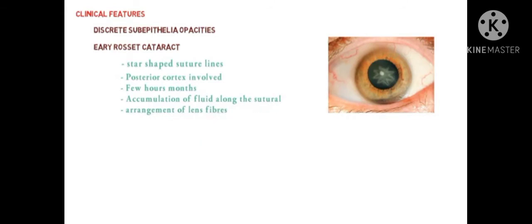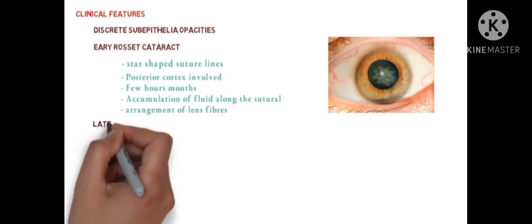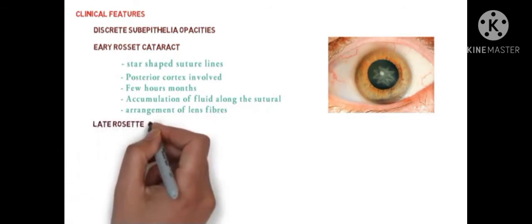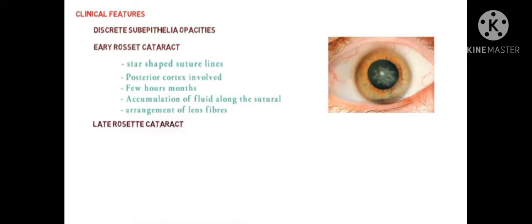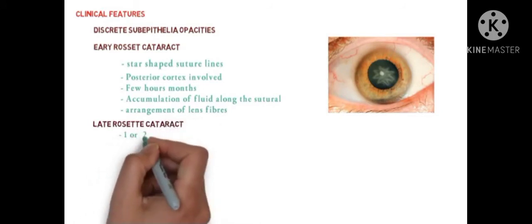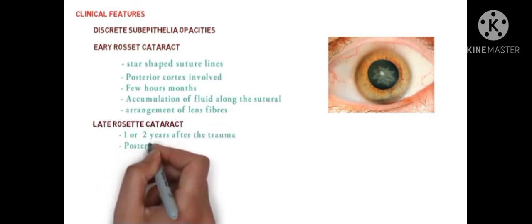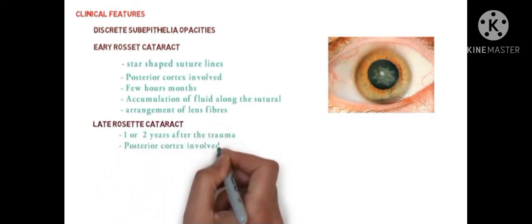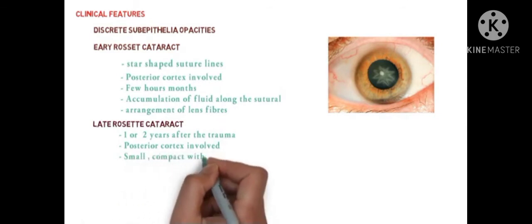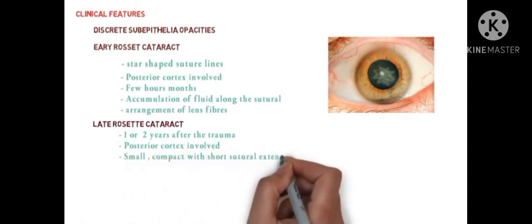Now the other one is late rosette cataract. It occurs 1 or 2 years after the trauma. The posterior cortex is involved and it is small, compact, with short sutural extensions.